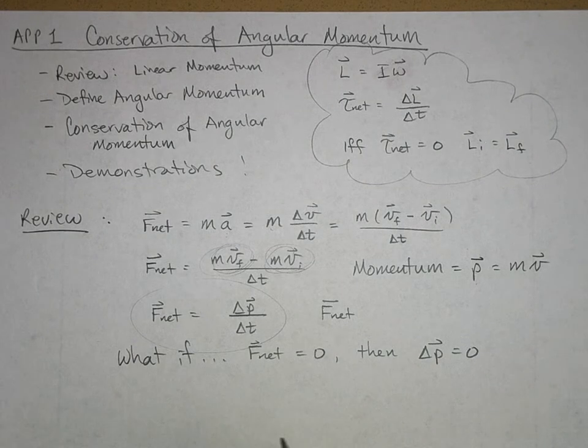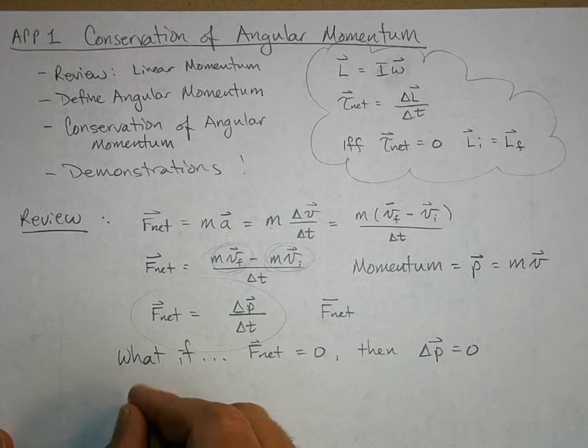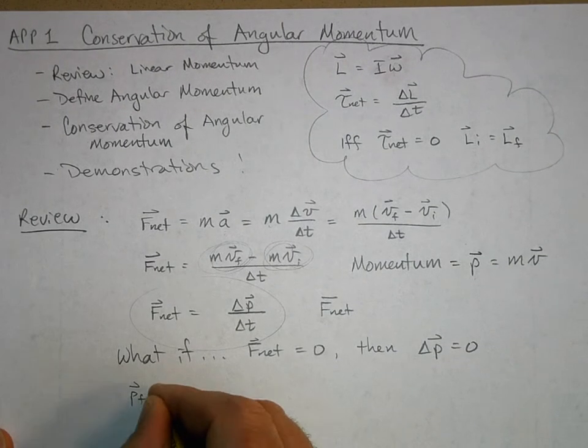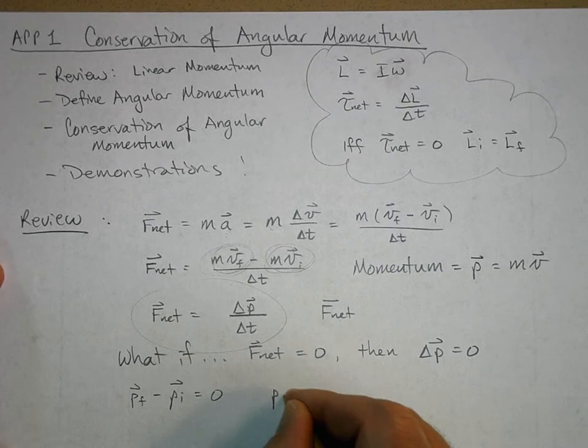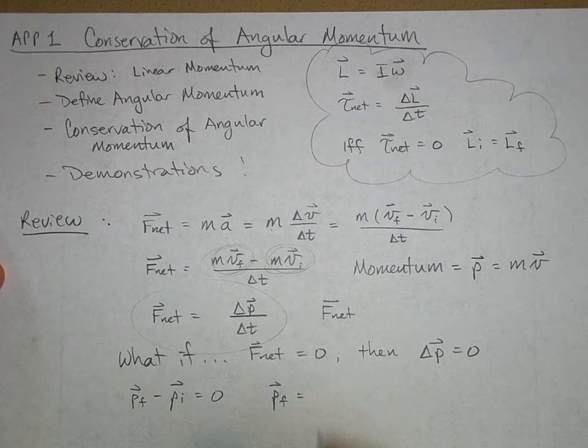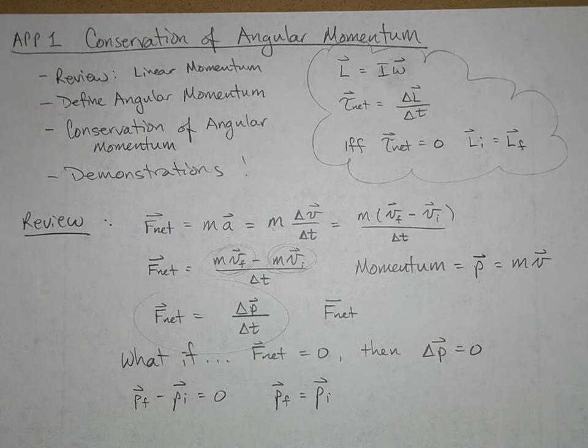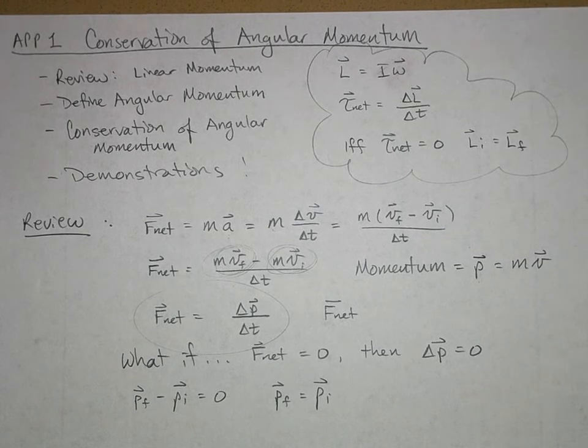If you're not applying a net force to a system, then, well, it's net force that changes momentum. So what we're saying is that if there is no net force acting on a system, there will be no change in momentum. Well, this is P final minus P initial, if that equals 0, then we get this situation where the final momentum equals the initial momentum. And we've just reviewed conservation of linear momentum.